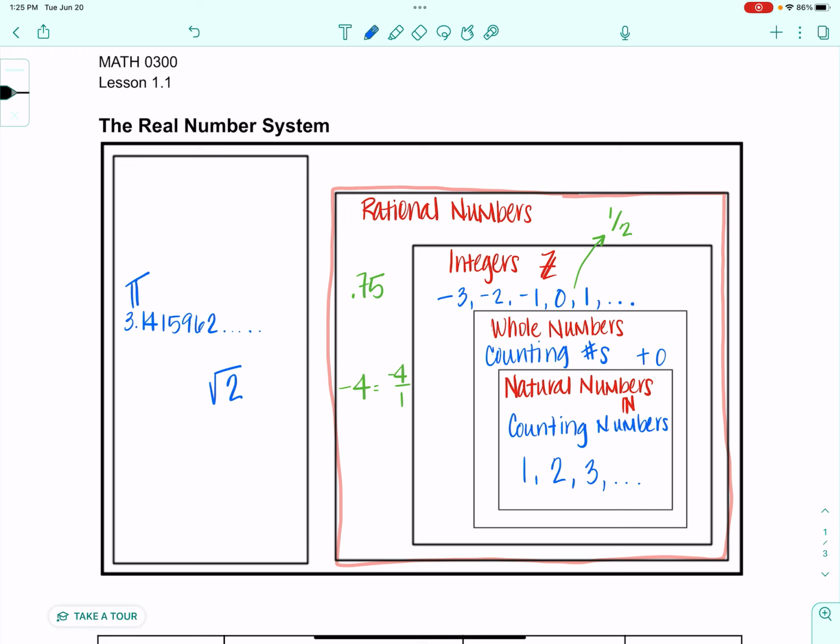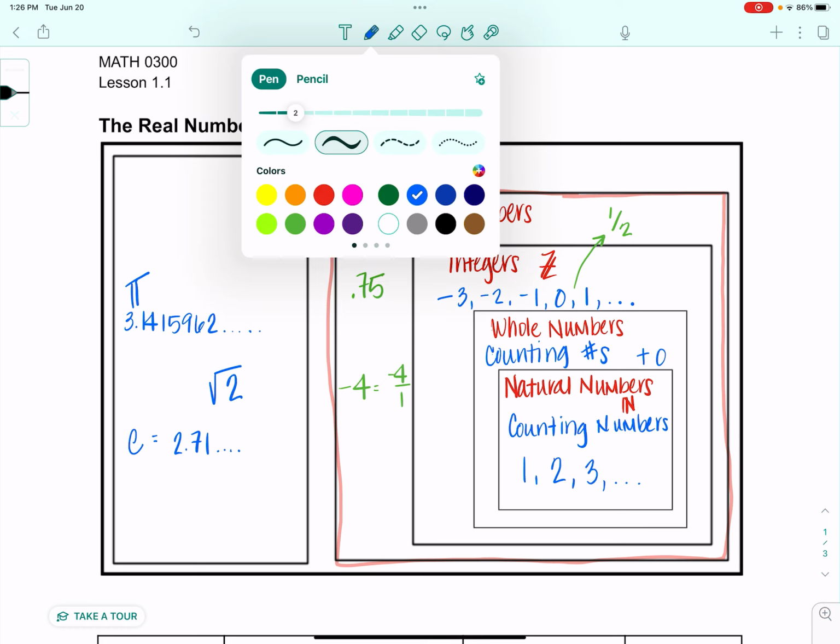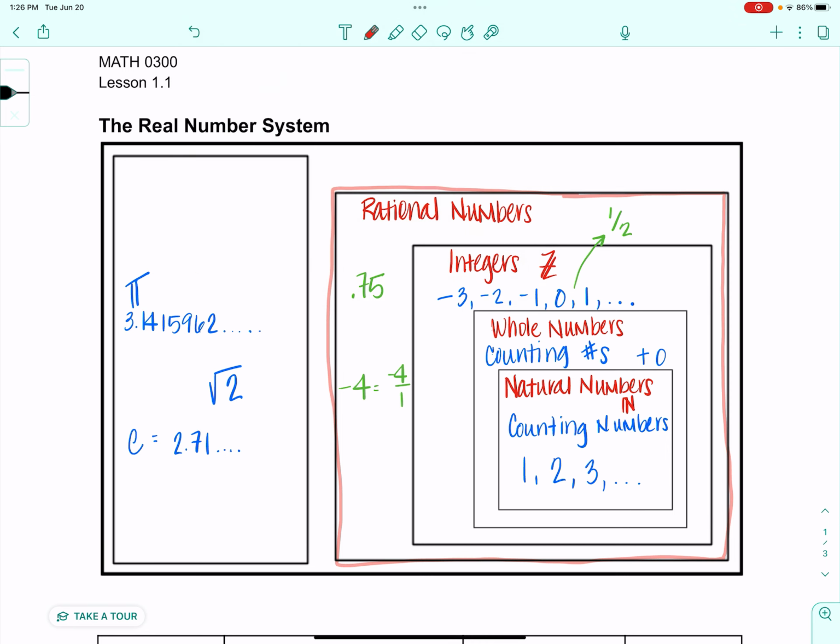There are other numbers that might fit in here. You could have the number e. I promise it's a number. It's 2.71 and lots of other decimal places. Numbers like these are called irrational numbers.